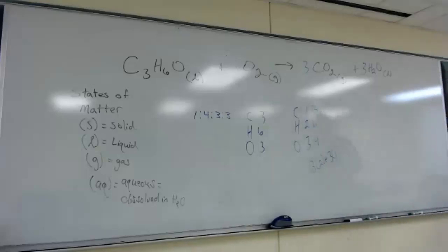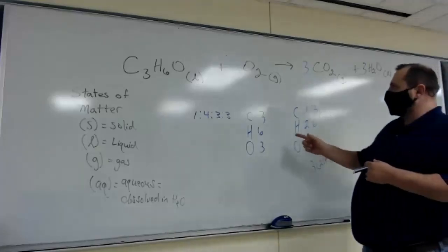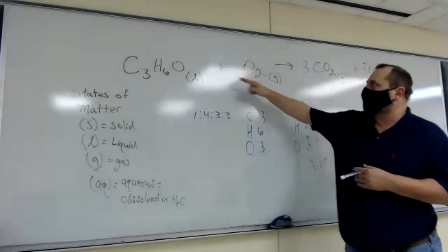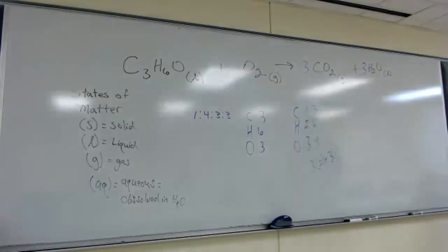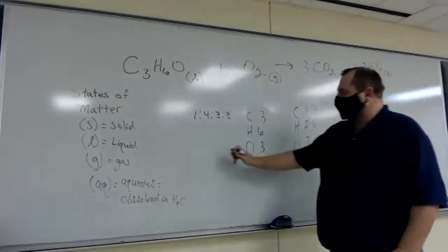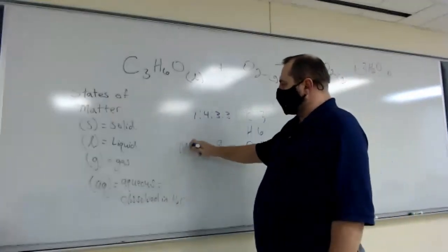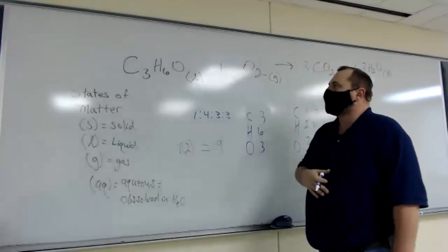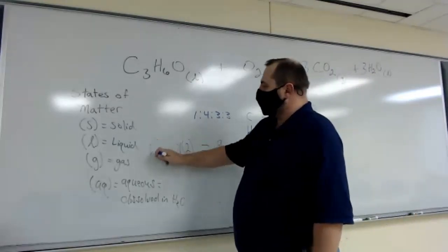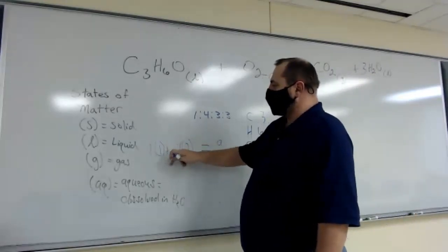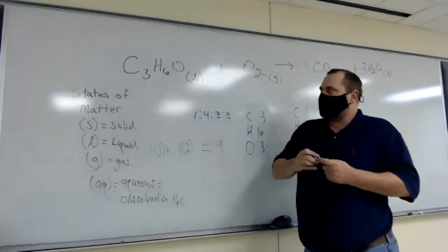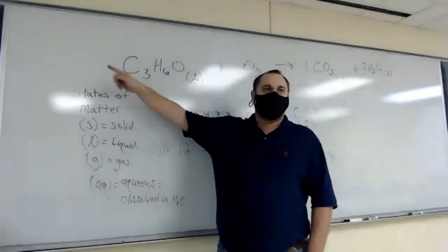So what algebra did you do to know what to put here? Well, I figured that I needed 9. So I was like, well, what times 2 gives me 8? You have the extra 1. So you saw that you had this number here. Why didn't you want to change this number?